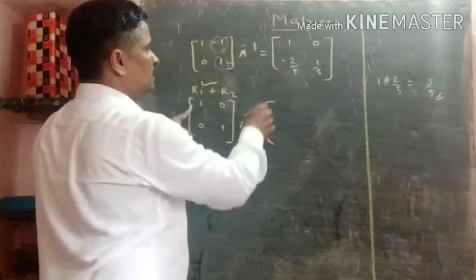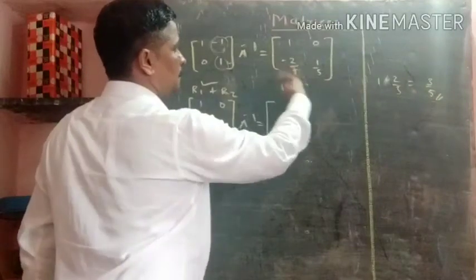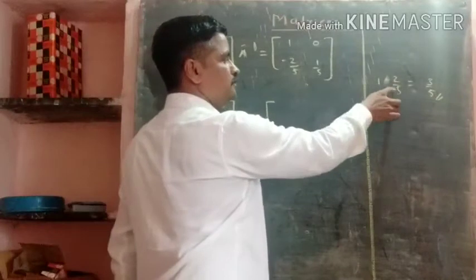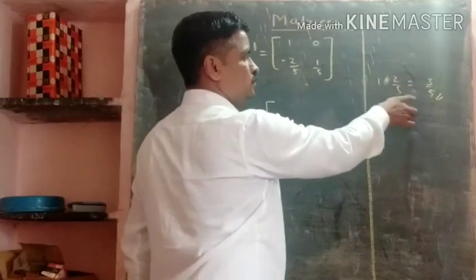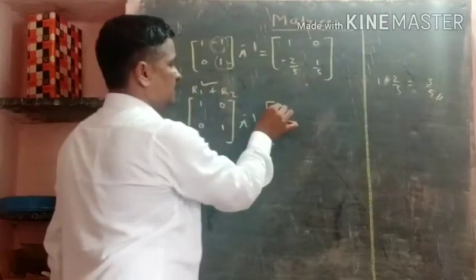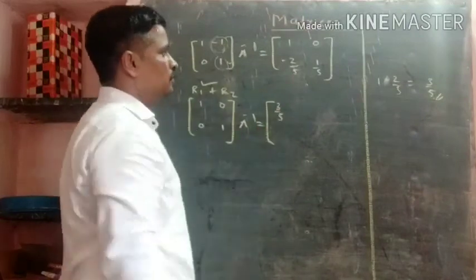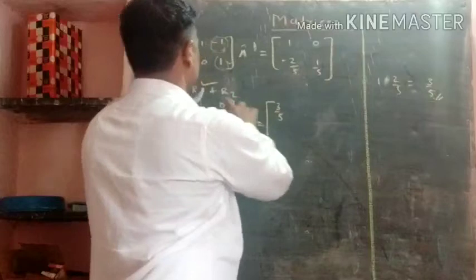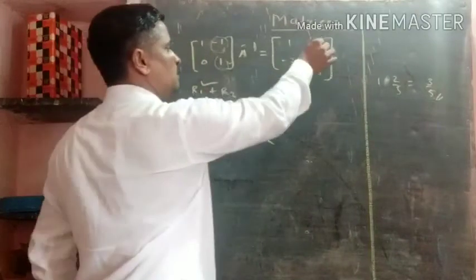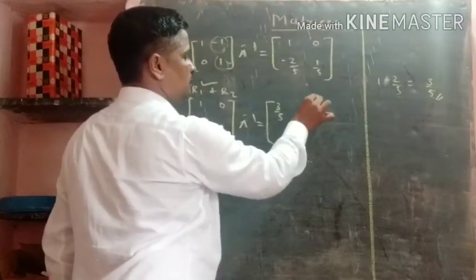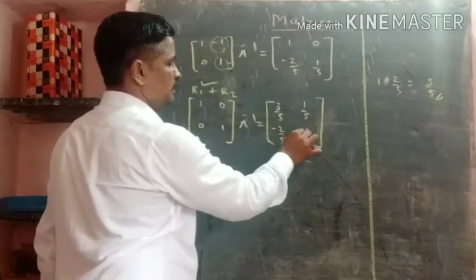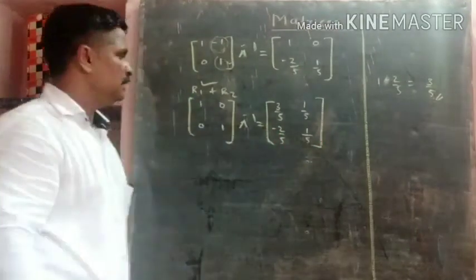So the change in R1, that is 1 plus minus 2 by 5 equals 1 minus 2 by 5, that is 5 into 1, 5 minus 2, that is 3 by 5, write it, 3 by 5. R1 plus R2, that means 0 plus 1 by 5 equals 1 by 5. Second row as it is, 1 by 5.